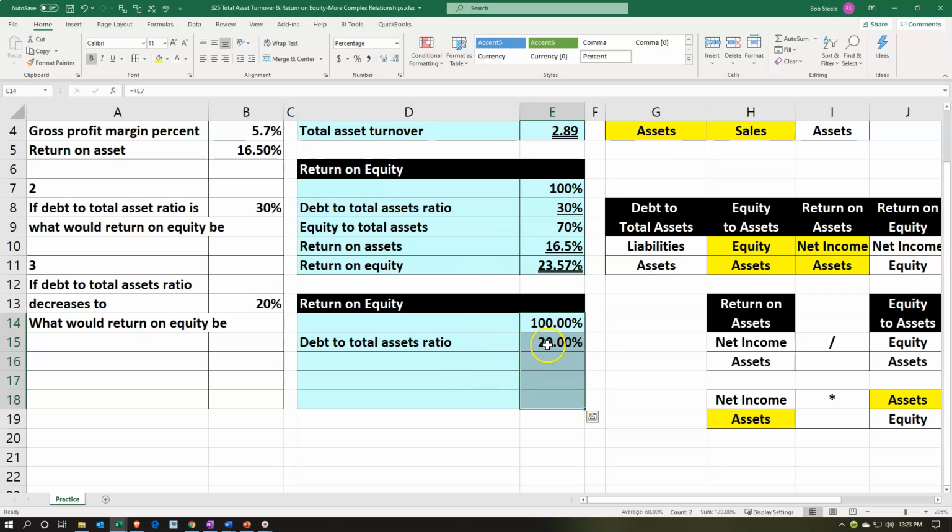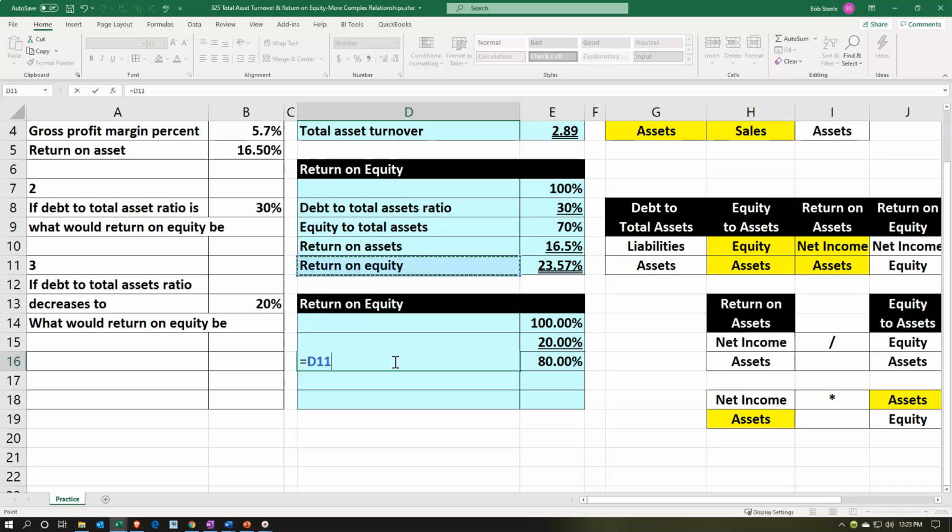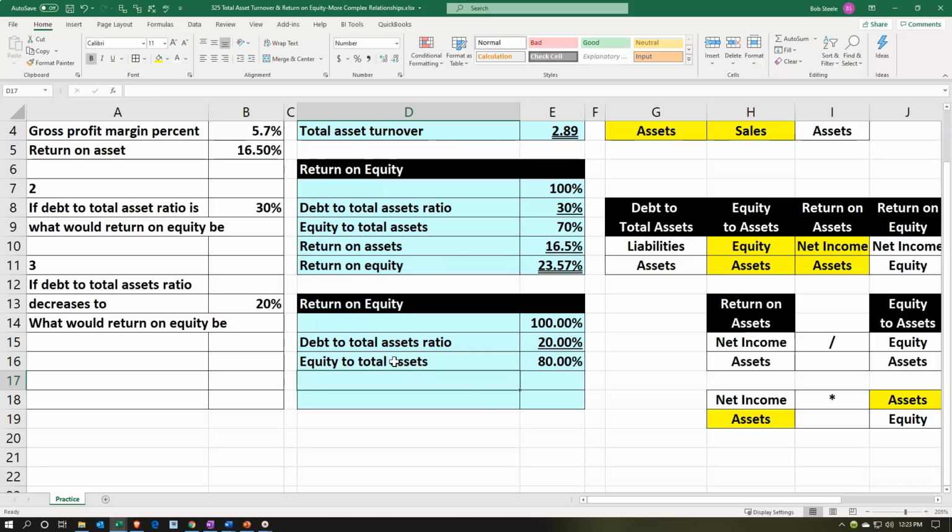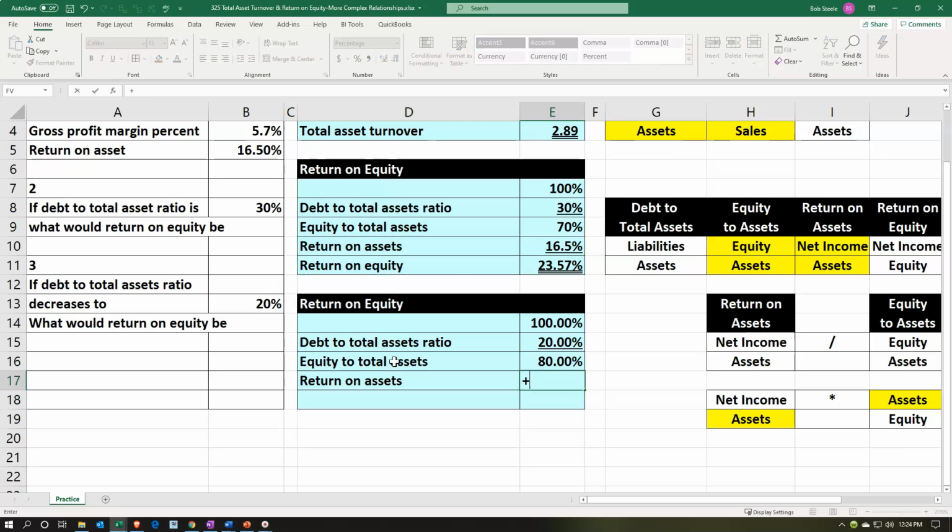If I subtract these two, this is going to be 100 minus the 20. Let's put an underline here, home tab, font, underline. This is going to be equal to the equity to assets. And then we're given the return on assets, which we're assuming is the same, 16.5, home tab, font, underline.